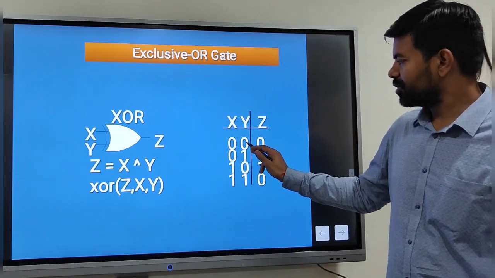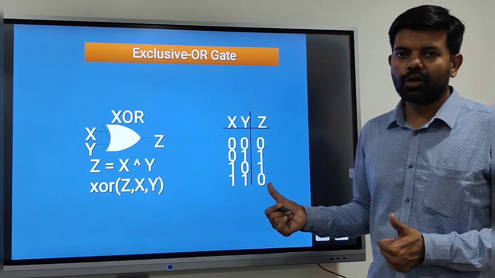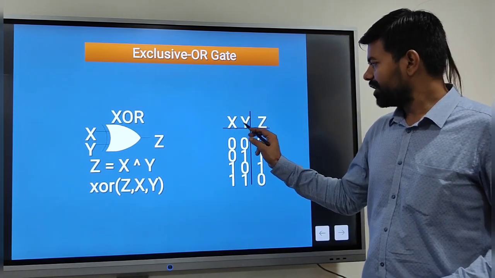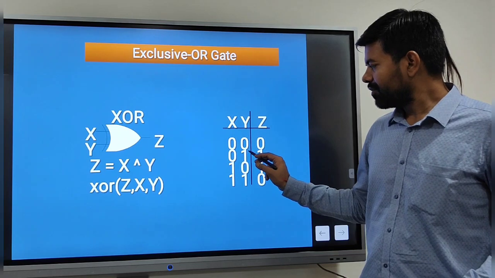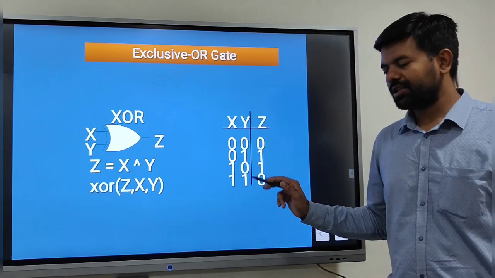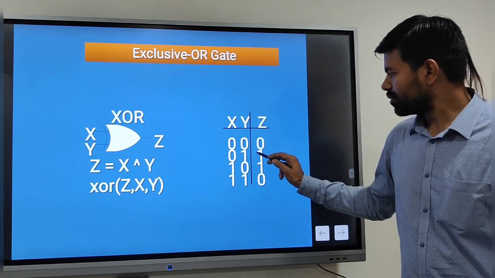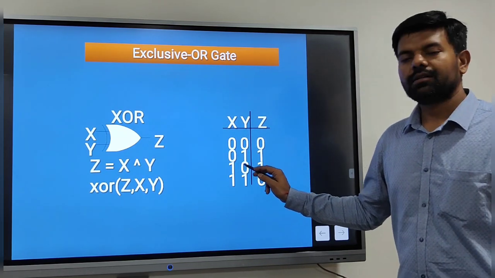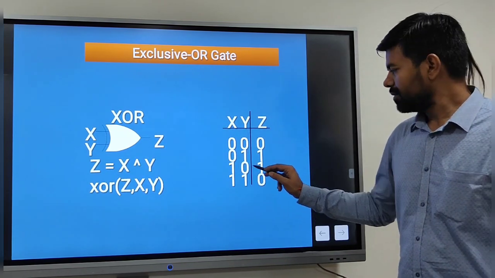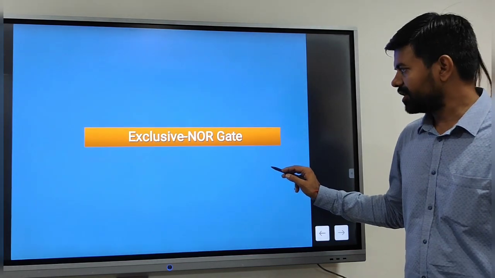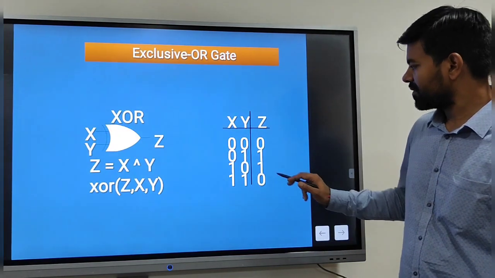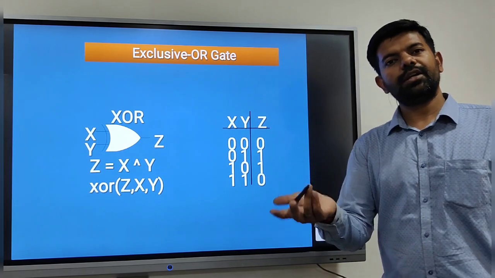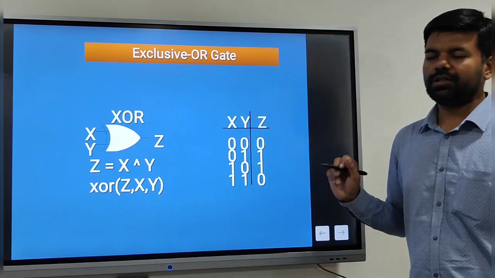See, 0 0 is not odd. 0 1 has a single one, which is odd, so the output is 1. 1 0 again has an odd number of ones, so the output is 1. And 1 1 has two ones, which is even, so the output is 0.